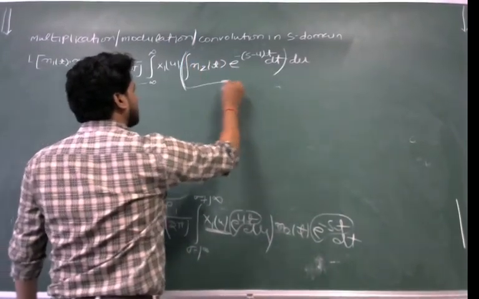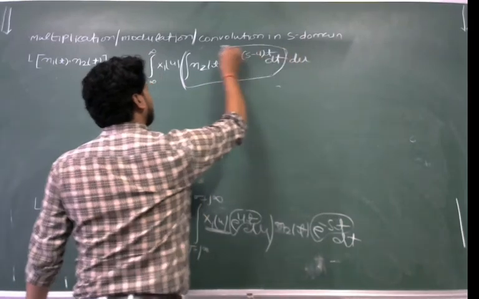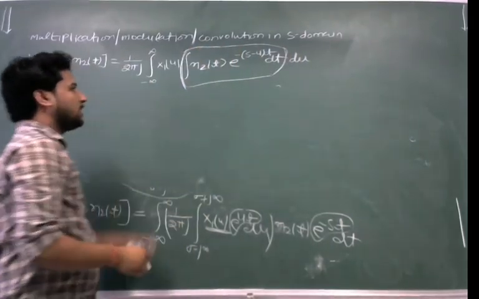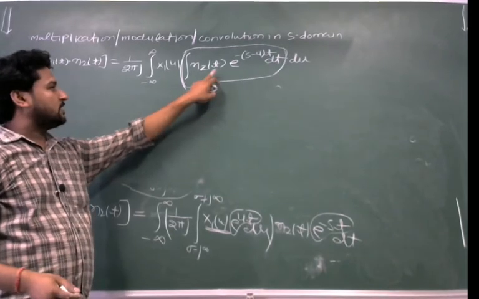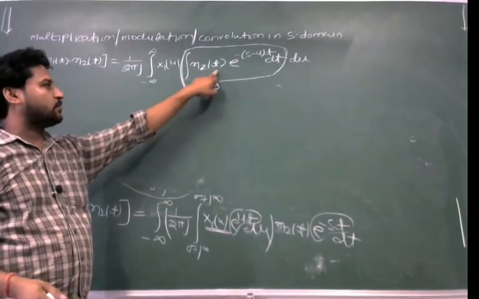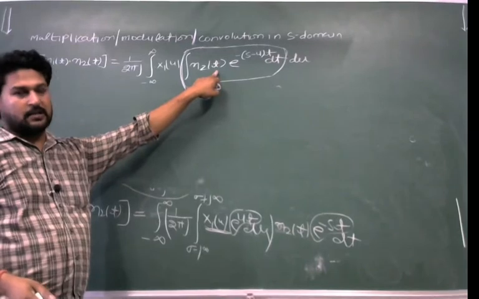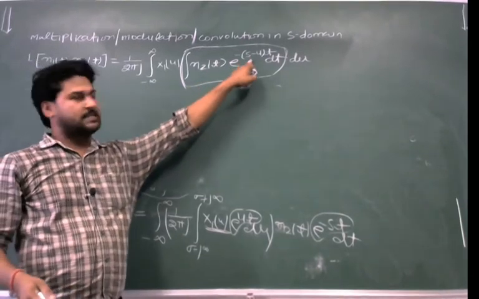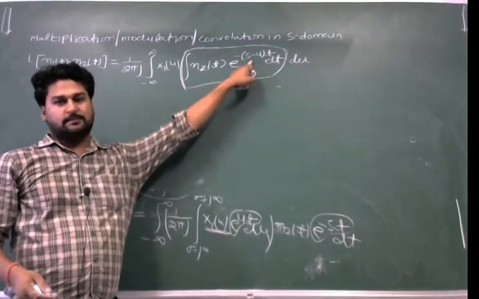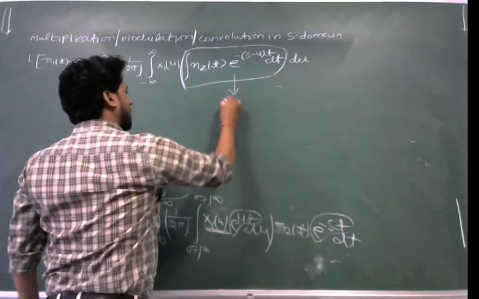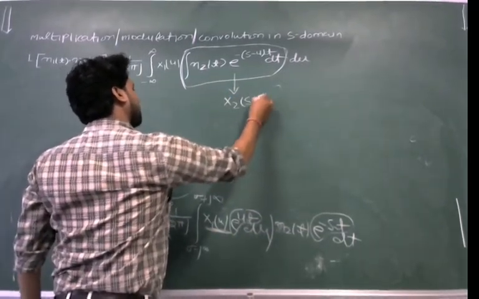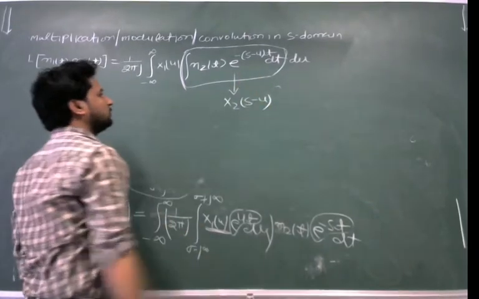Now we know the expression for the Laplace transform. This is the transformation of x2(t) in the s domain, but in place of s, s minus u is written here. So this is the expression for X2(s minus u).